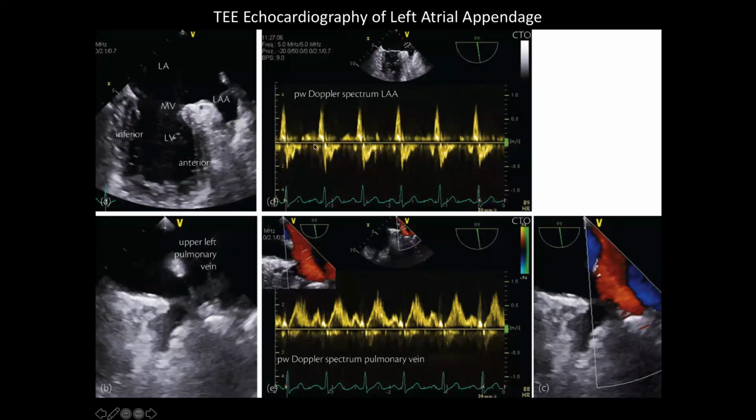So you get this right here, right? And I think this is at the pulmonary vein. Oh no, this is the LAA, sorry, this is the pulmonary vein down here. And you can see there's good velocity spectrum into and out of the LAA here.